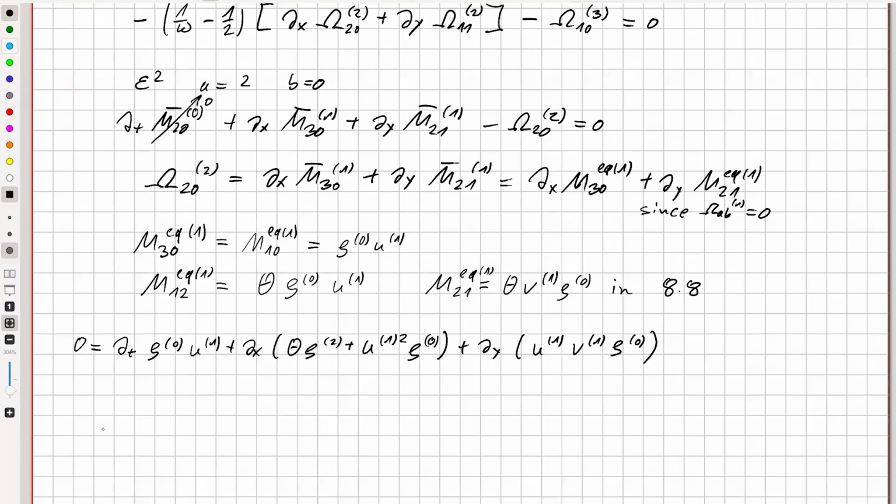So this is the equilibrium part that we had before. Now comes the non-equilibrium part. This is minus 1 over omega minus 1/2.